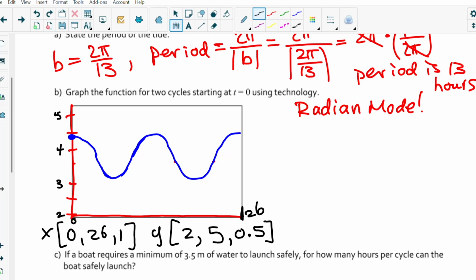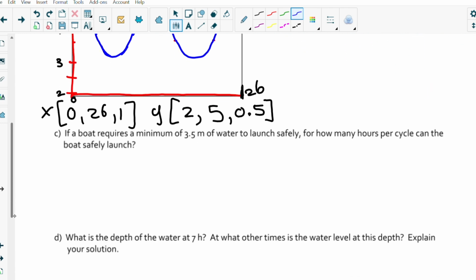All right, so y1 equals 0.6 cosine of 2 pi over 13 times t plus 3.7, plus 3.7. This is what I punched into the calculator. Remember, radian mode. Okay, there's our graph. Let's answer a couple questions.